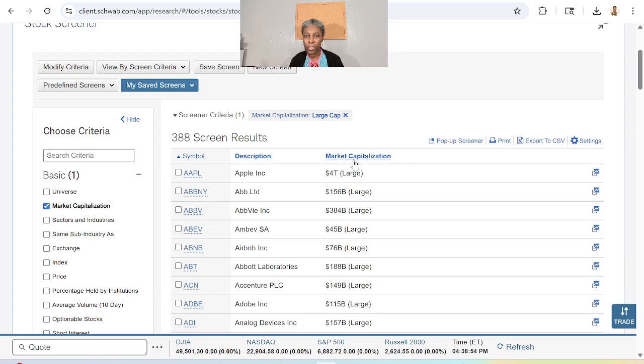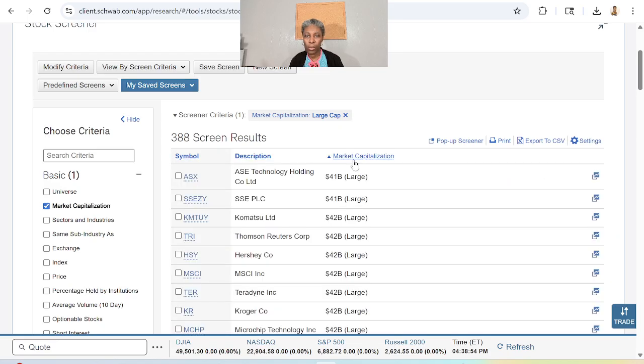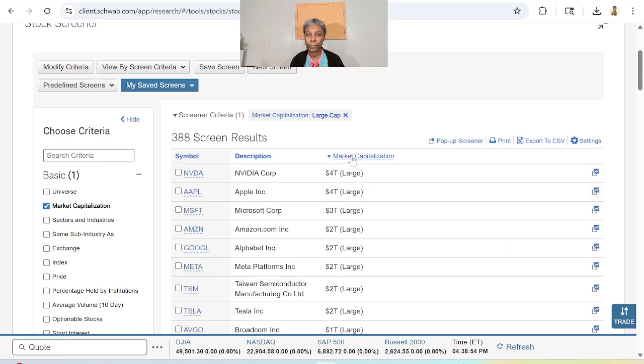And I don't know if it will allow me to sort from the lowest to the highest when I'm clicking on market capitalization. So I'm seeing 41 billion here, and I'm seeing 40.